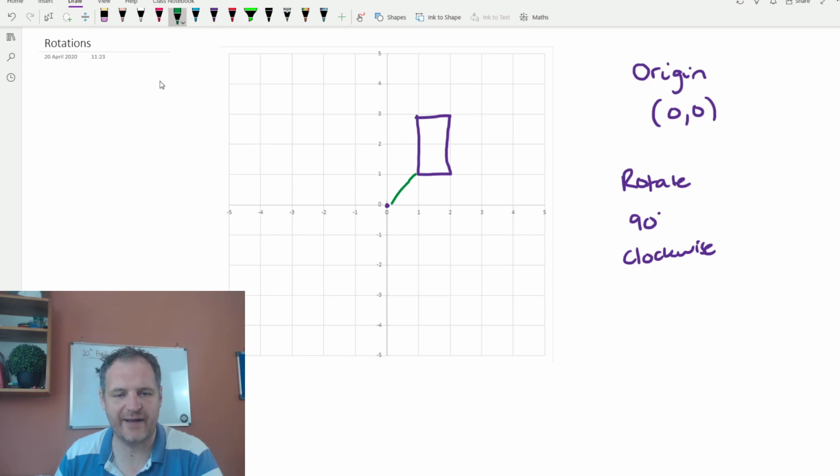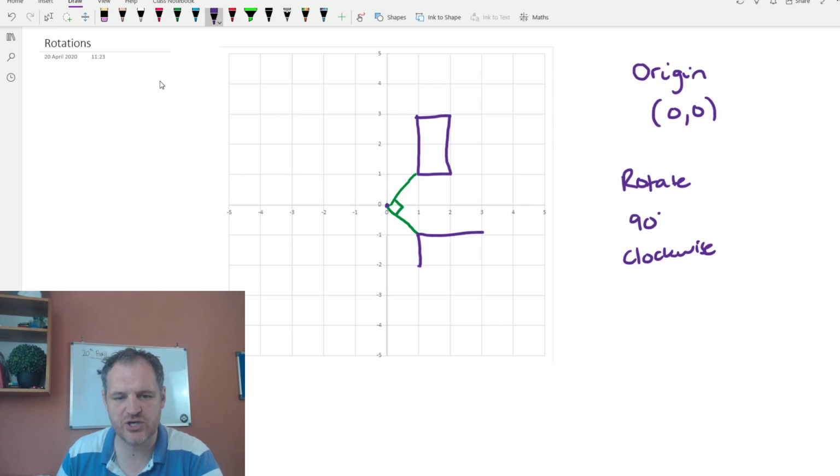If I draw that line there, I know that line has to go 90 degrees. So there's 90 degrees. It's going to move exactly there. That's going to be where the new shape ends up. That is quite a useful way of making sure that your new corner is in the same place. Then this line turns round 90 degrees.